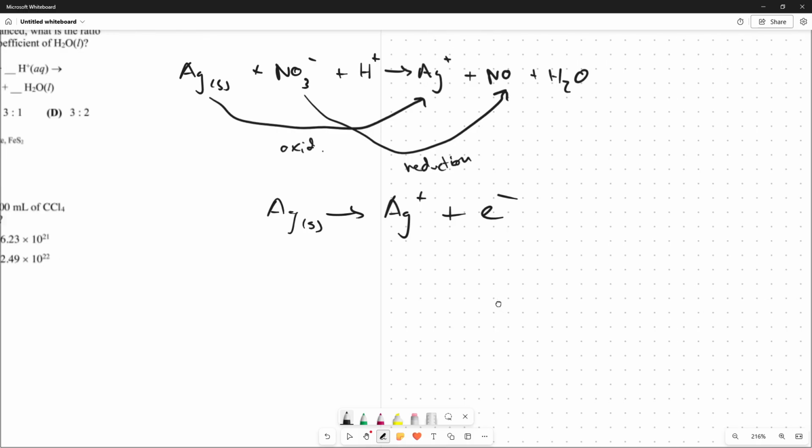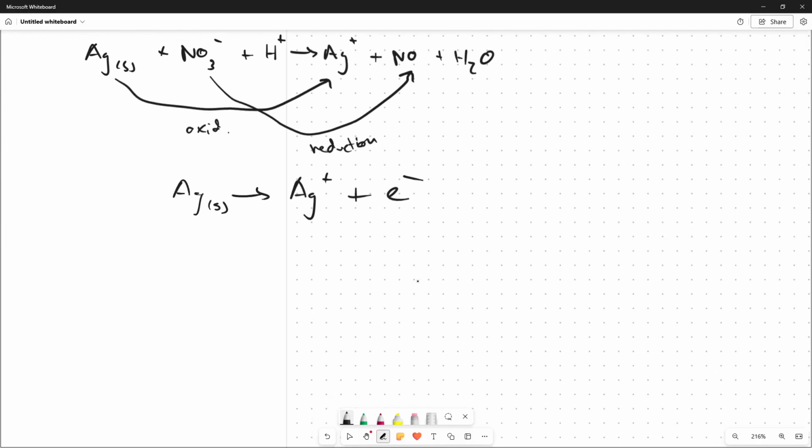Now we have to write the reduction reaction. And remember, this is already balanced, so we don't have to do anything to it. So for the reduction reaction, we have NO3 minus becomes NO. And the nitrogens are already balanced, which is really helpful. However, the oxygen is not balanced. So first we're going to have to balance it.